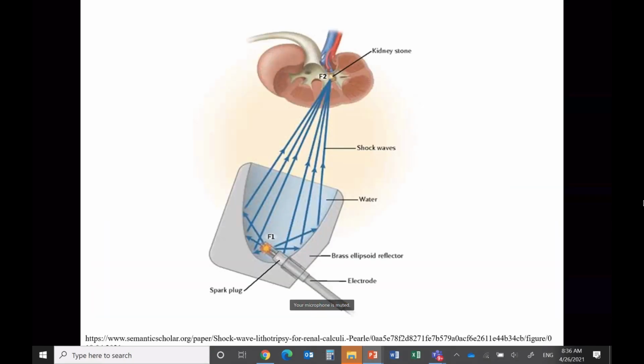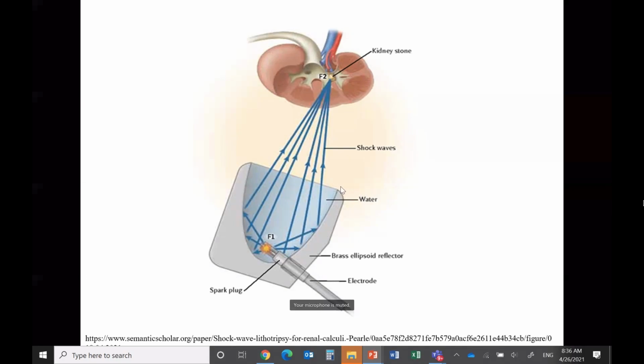So the idea of this technique is very similar to ultrasound: to generate a wave of very powerful, very strong pressure. This is the electrode and this is the electrode too. Everywhere is water.